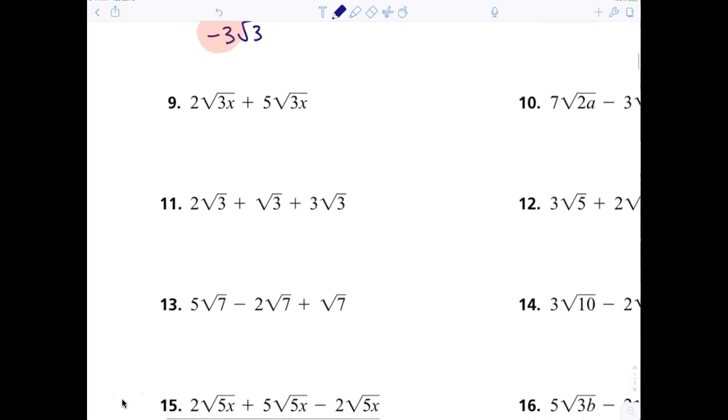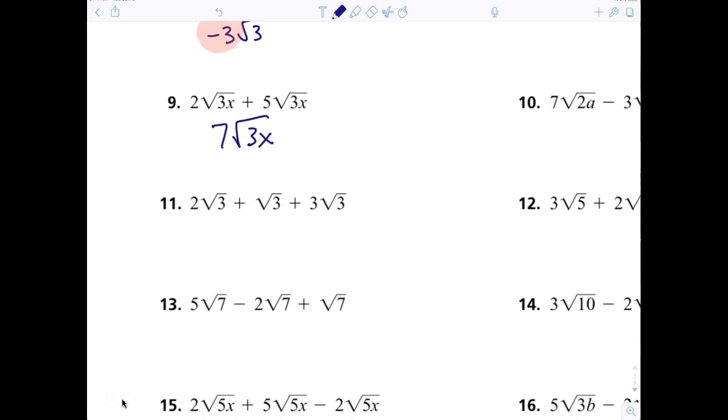Let's check out number 9 now. All right? What do you think? Like 7. Yep. 3x. That's right. 7 radical 3x. Very simple. All right, Allison.